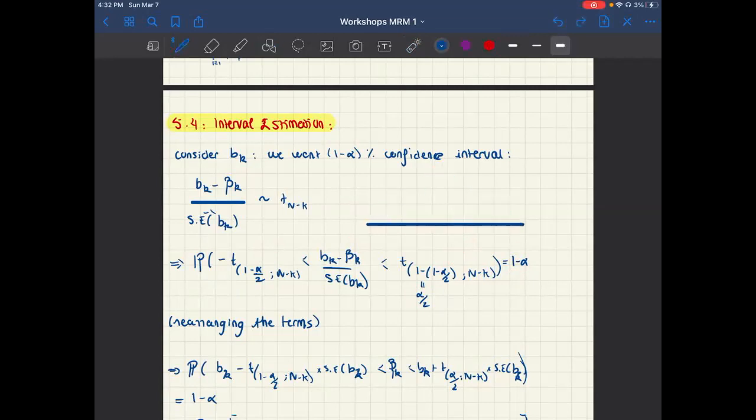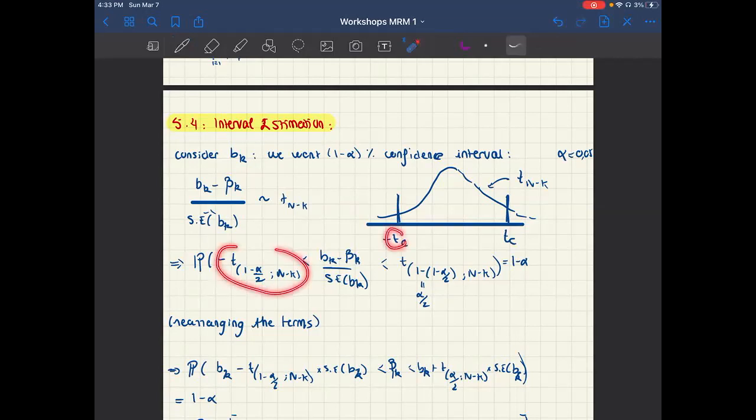The sort of logic behind that is, oh, sorry. You know what? Let me just draw this. Wow, it's not great. There we go. The idea is that, well, if this is a t distribution with n minus k degrees of freedom, if let's say we have alpha equal to 0.05, well, we have a value tc and a value minus tc. So this value right here is this one, and this value right here is this one.